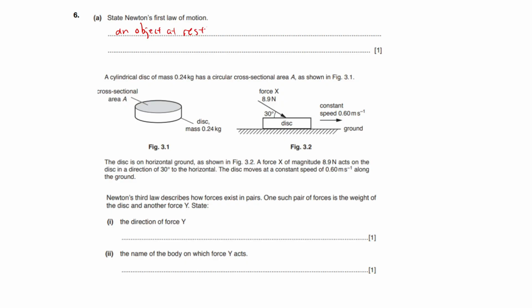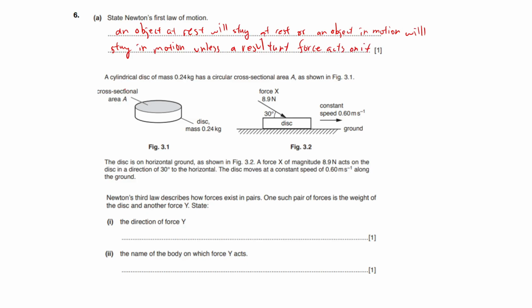But these two conditions are only satisfied if no resultant force acts on it. So I'm going to write here, an object at rest will stay at rest, or an object in motion will stay in motion, unless a resultant force acts on it.